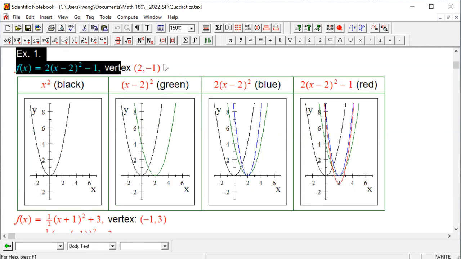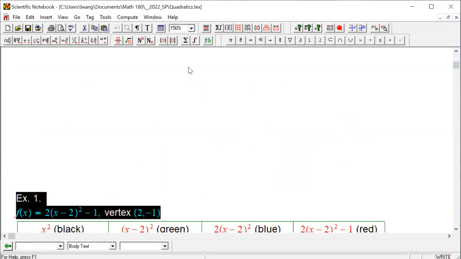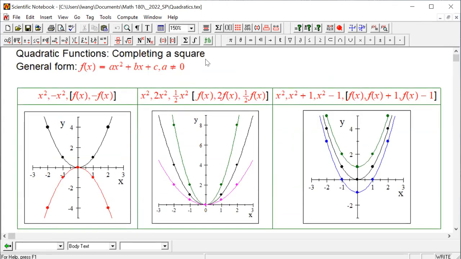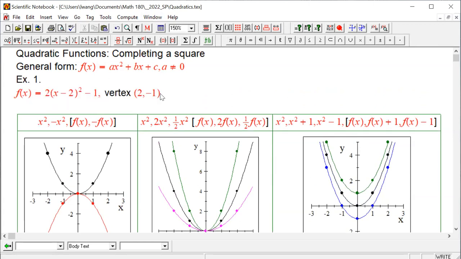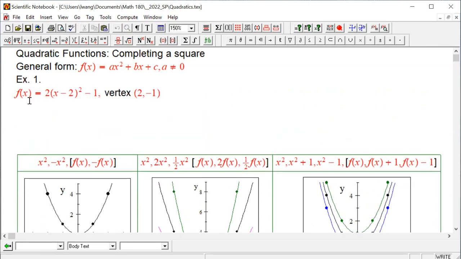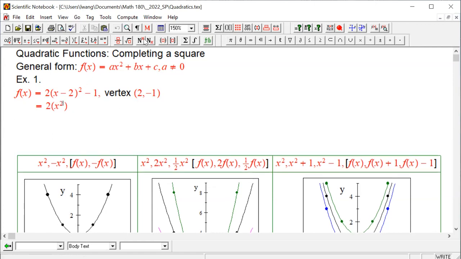From the first example we talked about, from this form, if I write it down as the general form, all I have to do is just expand it. If I FOIL this, I will get 2 times x minus 2 squared, that's going to be x squared minus 4x plus 4, and then minus 1 outside.